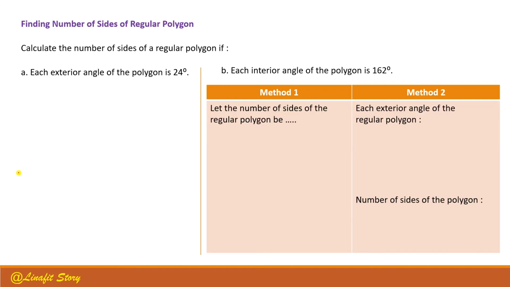So to solve question A, 360 divided by 24 is equal to 15 sides. To solve question B, there are two methods. First, let the number of sides of the regular polygon be n.